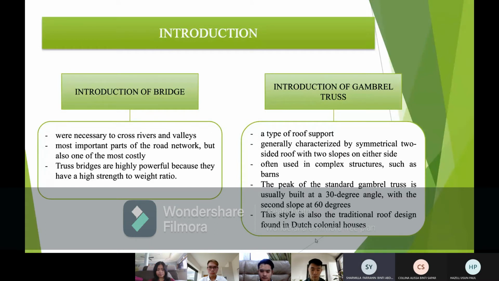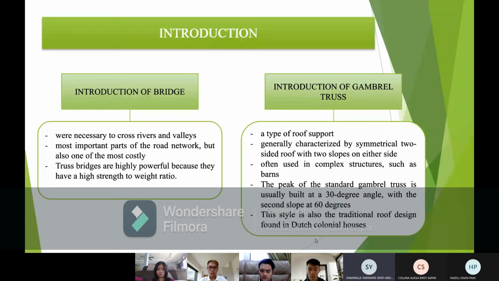For introduction of Gambrel truss, it is another very popular truss structure, and Gambrel truss is a type of roof support, generally characterized by a symmetrical roof with two slopes on either side.